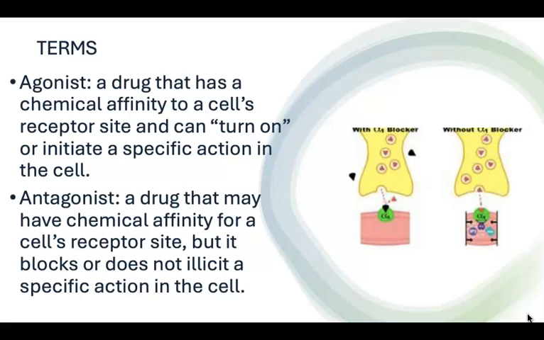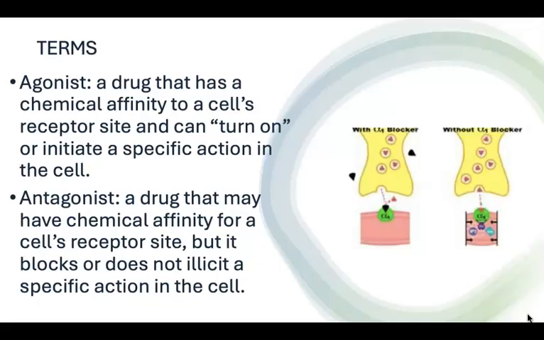So other terms that we can look at are agonists and antagonists. Agonists are drugs that have some chemical affinity to a cell's receptor sites, and by activating those receptor sites, we turn on the specific action of the cell.